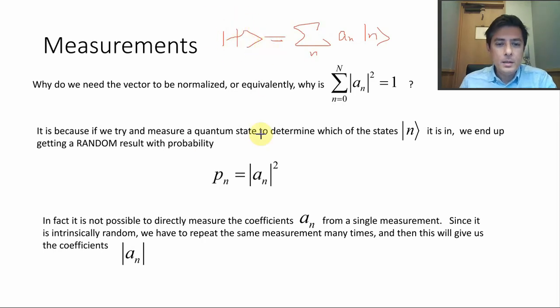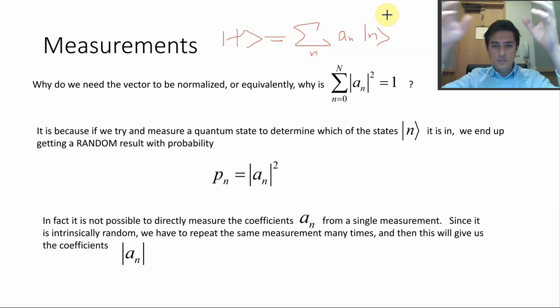It's because if we try to measure this quantum state, and we say, okay, I want to know which of these n states the state is in. It's a simple enough question. You've got some state, and you want to figure out, is it in this state or the other state, or there's more than two states.